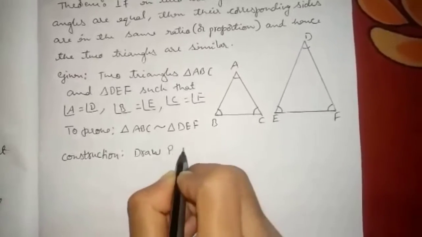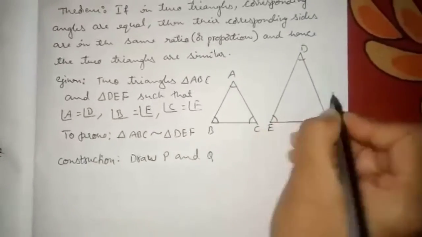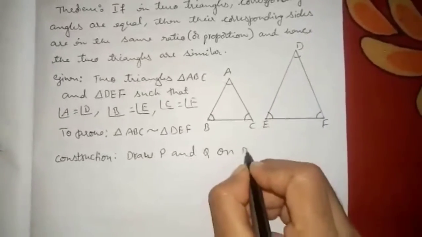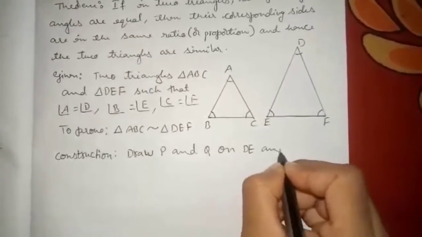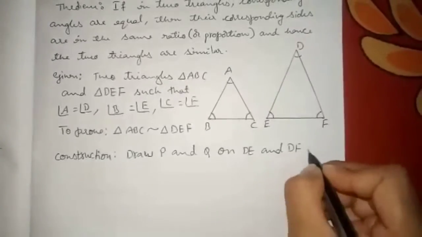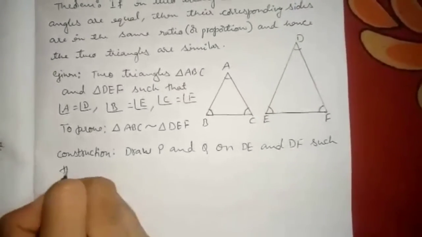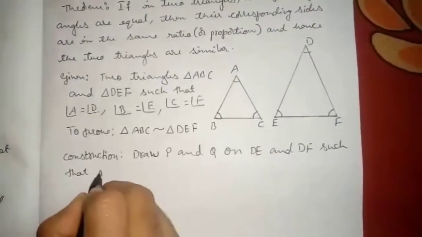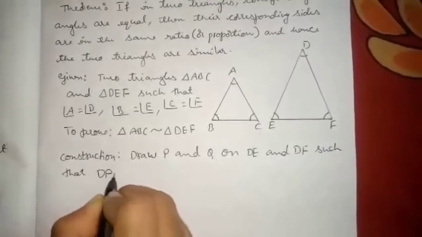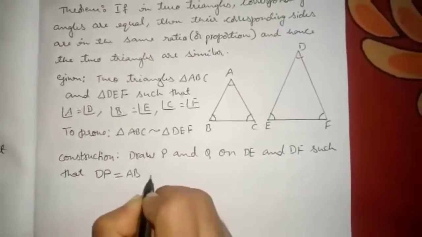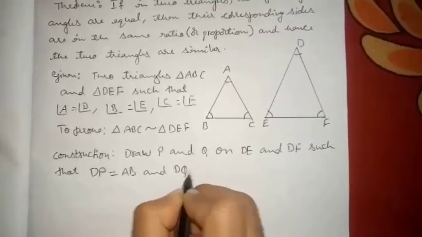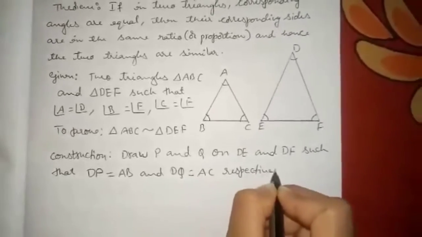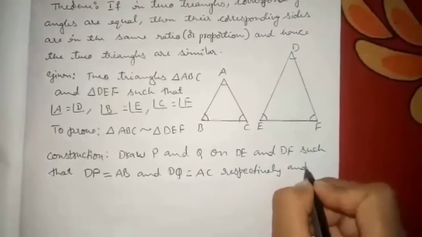So draw P and Q. We'll draw P and Q on DE and DF, such that DP is equal to AB and DQ is equal to AC respectively, and join.